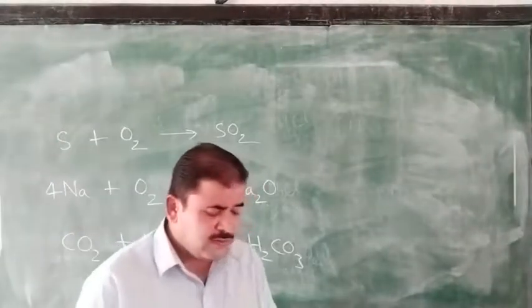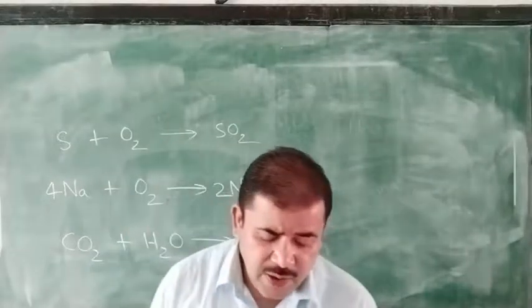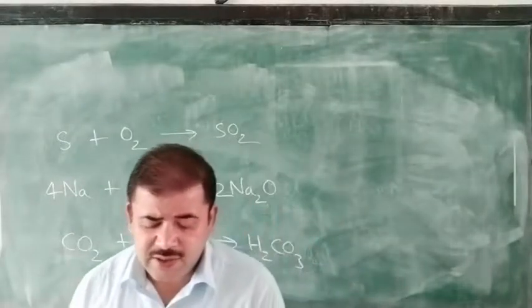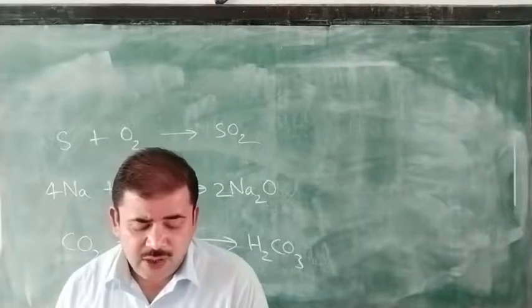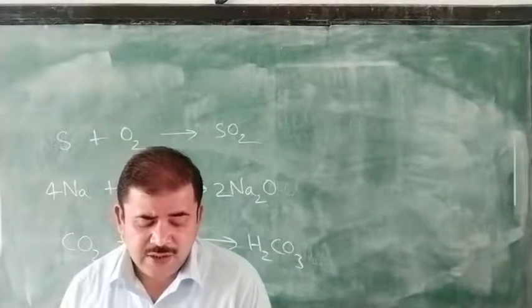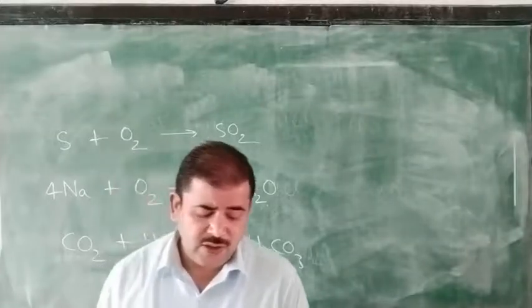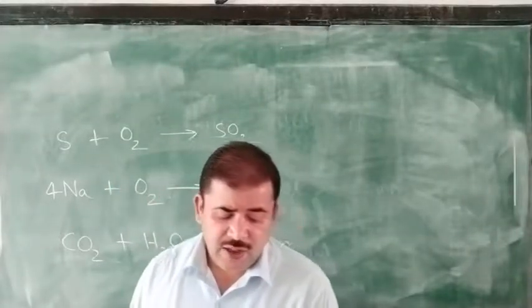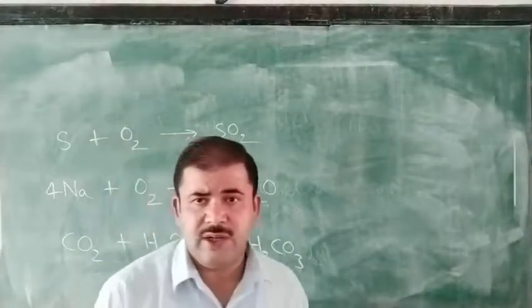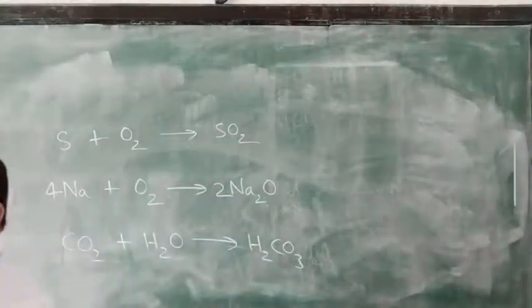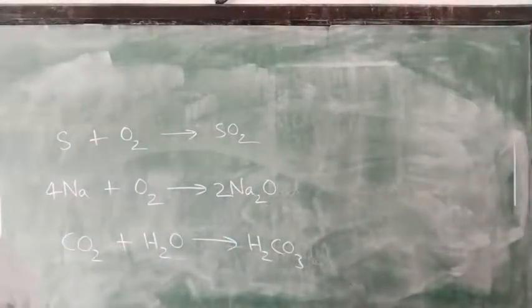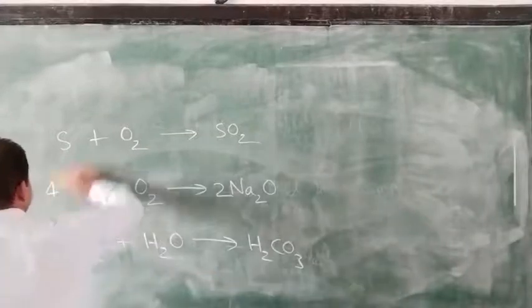Question number 9. Give balanced equations for the following reactions of synthesis involving formation of an acid from sulfur dioxide gas. So balanced equation you have to write for an acid from sulfur dioxide. We will get sulfurous acid.